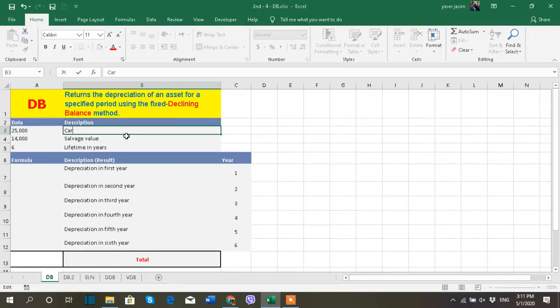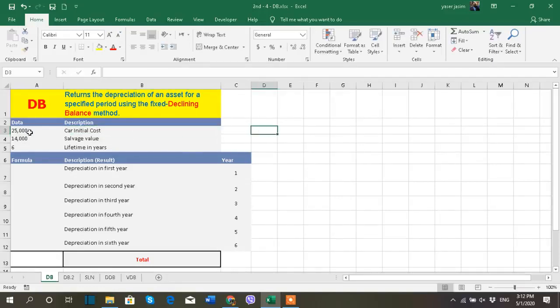It's up to the question, up to the problem. So I'm going to go for car initial cost, so it's going to be easier for you. This is the cost of my car when I'm going to buy it. This is the salvage value.